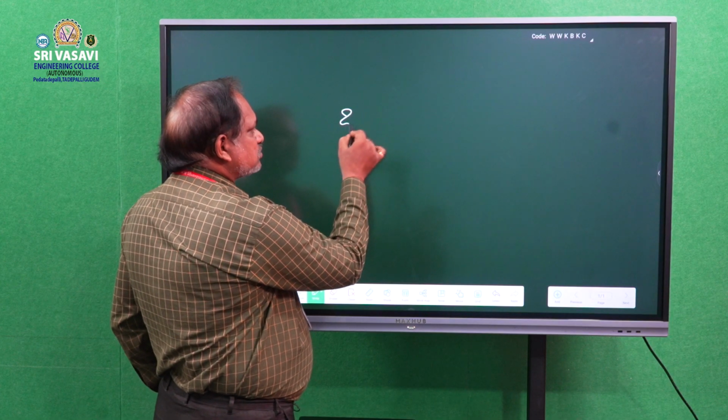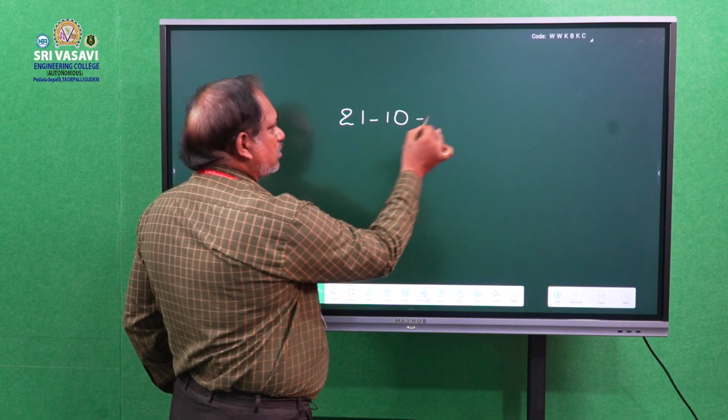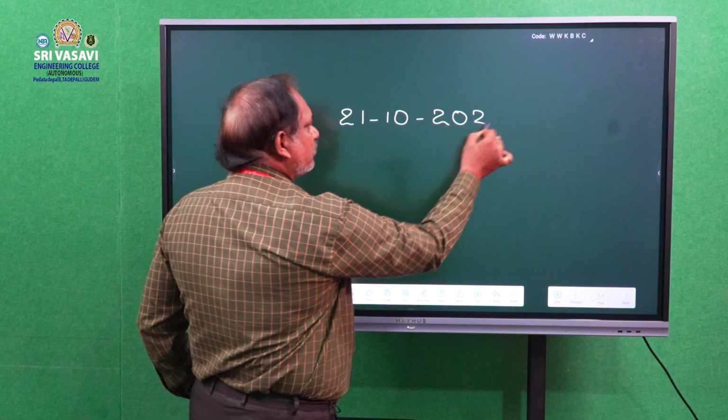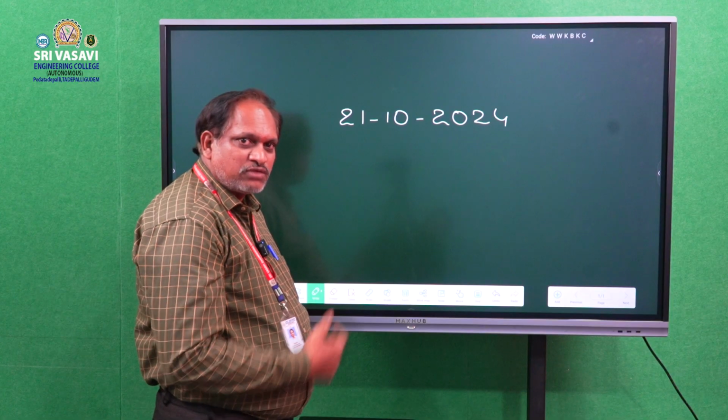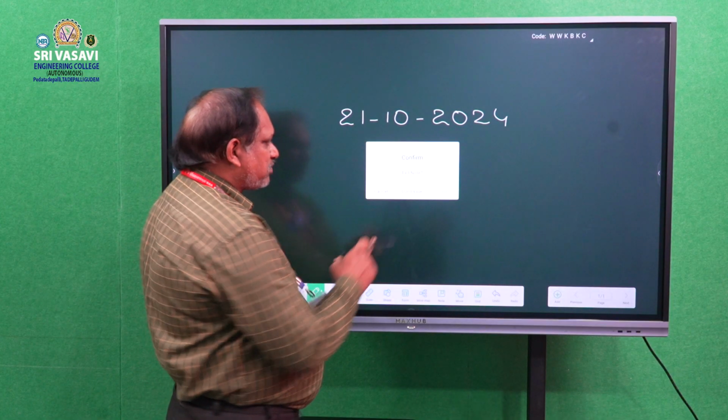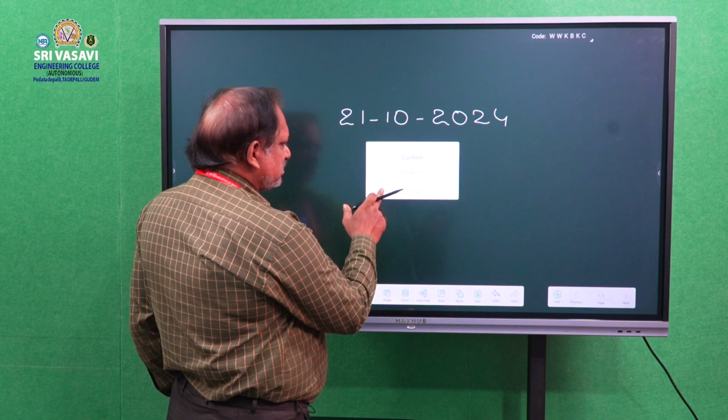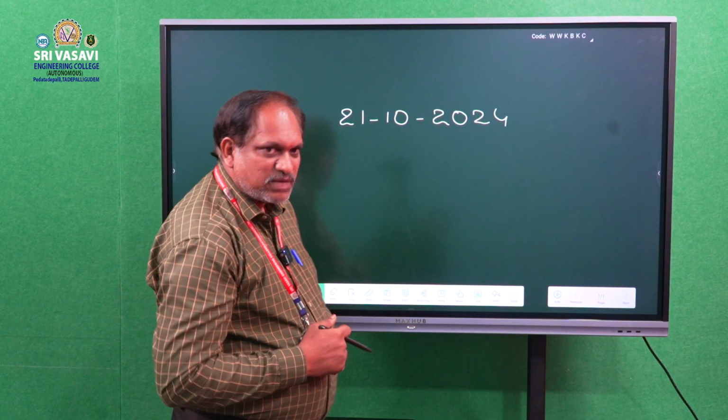So today's date is 21st October 2024. So what is the day today? We know that today is a Monday, but we will just check whether it is Monday or not.